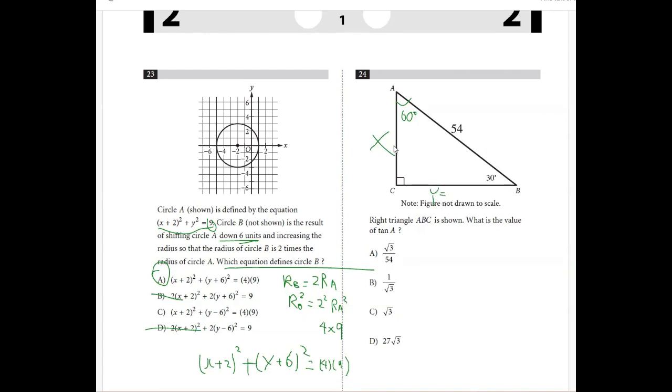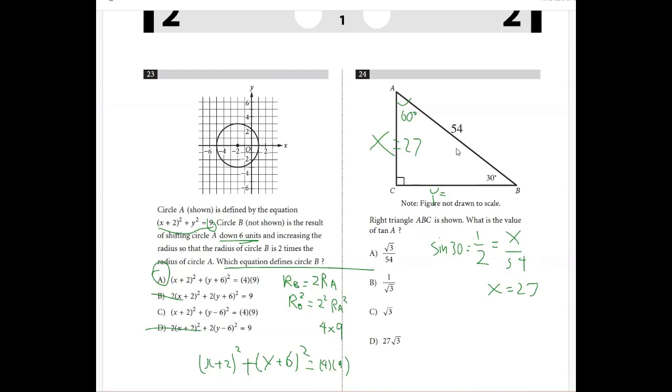So we know that sine of 30 is equal to 1 over 2. And this is equal to x over 54. So my x is 27. So this side is 27 here.